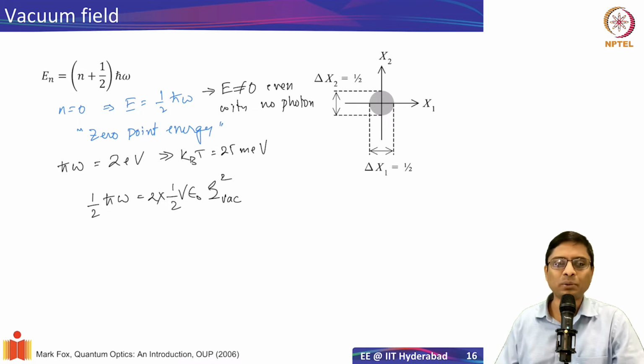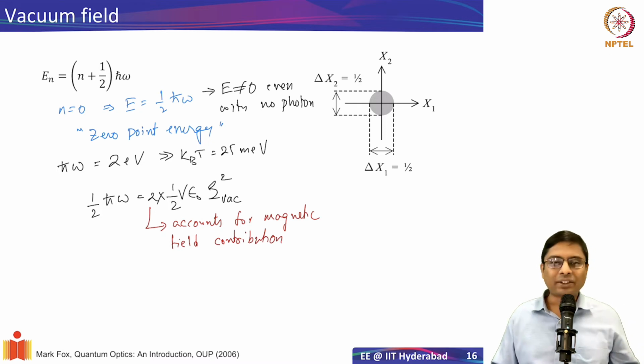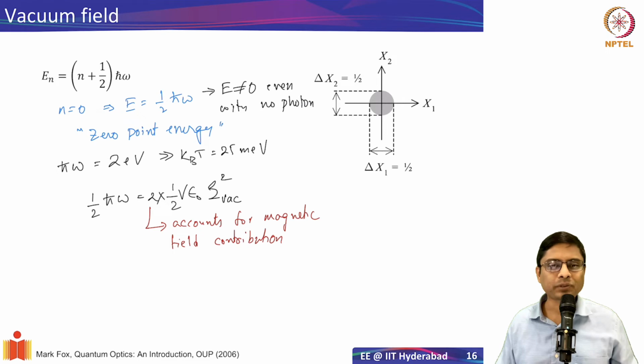This is energy density times volume, right? So this 2 accounts for the magnetic field contribution. There's an electric field and a magnetic field contribution, so we are taking twice. Maybe I'll just move it down here.